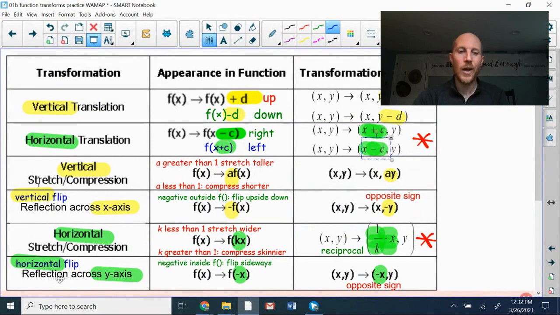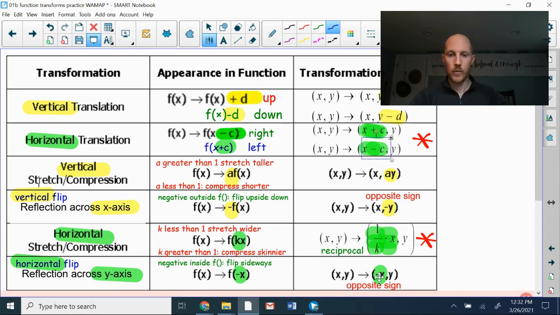I'm going to reflect horizontally across the y-axis. So I recognize that in the center column here, inside the parentheses, you got -x. That negative sign could be part of a negative coefficient. In this problem, it's not. It's just a negative sign. And so what I need to do is change the sign of all of the x coordinates.